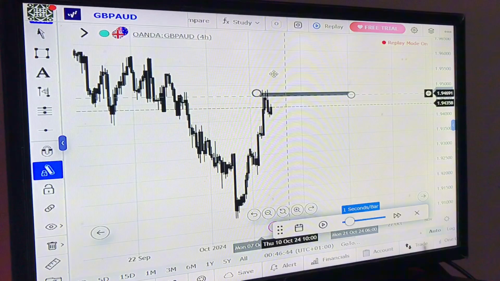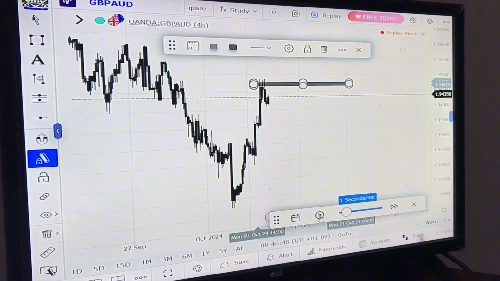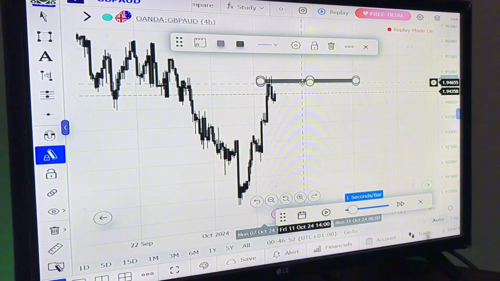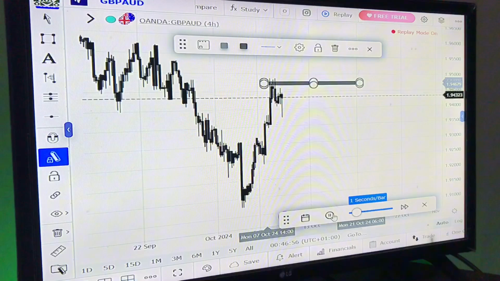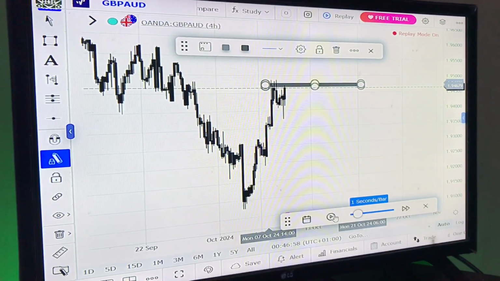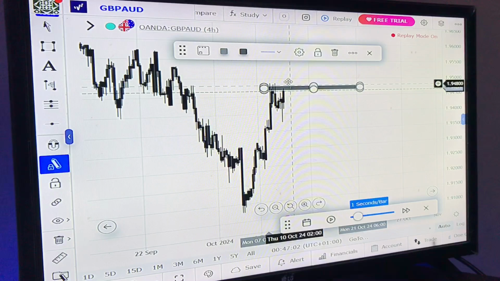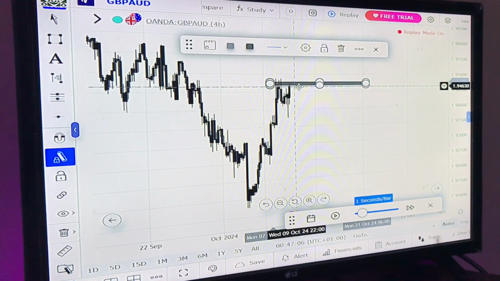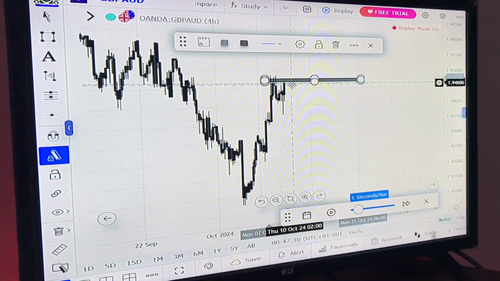The next thing we need to see, guys, remember I told you that we must see a bullish move into the double top, into this top right here. So let's go ahead and see what price does. Boom. After this bullish move into this top, the next thing we need to do is go to a lower time frame and identify your potential break of structure.